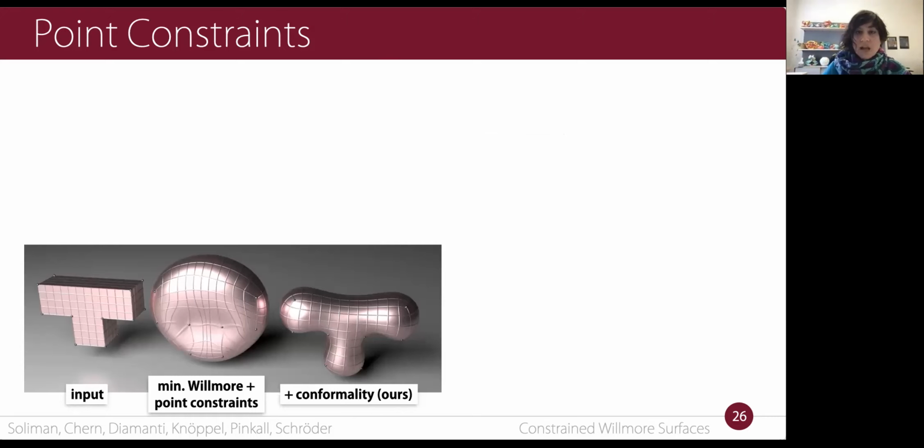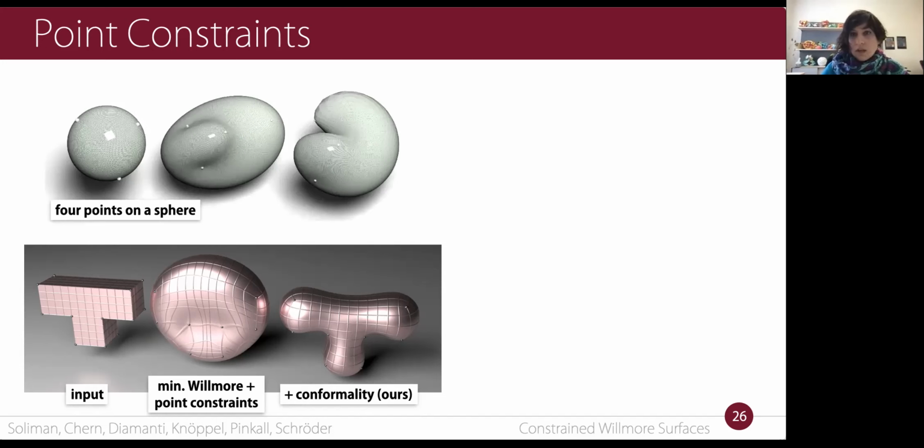In the spirit of elastic splines, we can also do point constraints. We already saw that the conformality constraint avoids getting sphere-like results, so it lets us stay faithful to the input geometry when we're using the Willmore energy for modeling. This can maybe be seen more easily in a toy example where we're doing Willmore-based modeling starting from a sphere topology, with four point constraints.